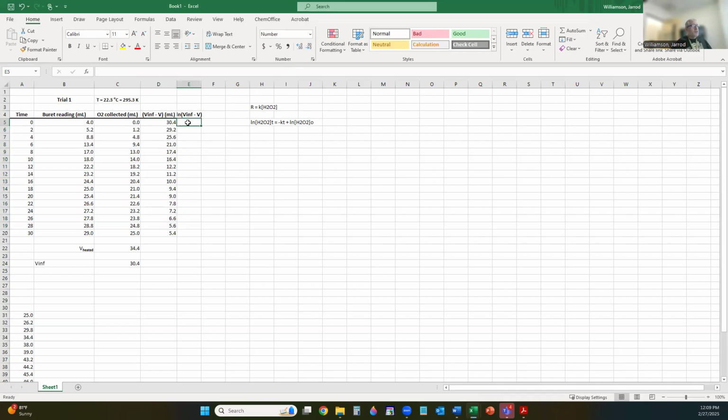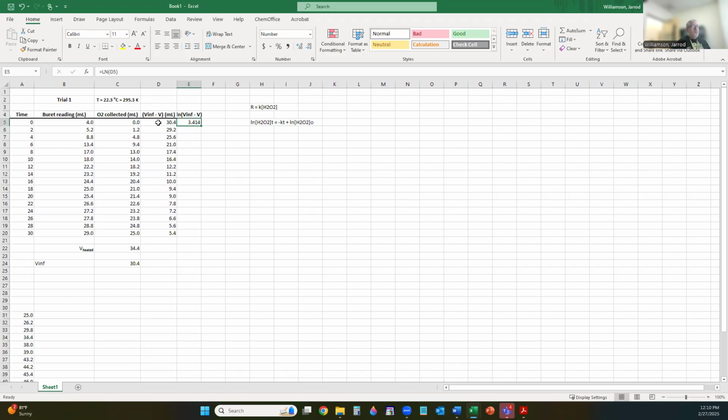Now I need to take the natural log of this. So this is going to be equal to the natural log of D5. Notice when I hit D5, it highlights cell D5. So that's good. I can check that out on my calculator, right? 30.4 natural log, 3.414.